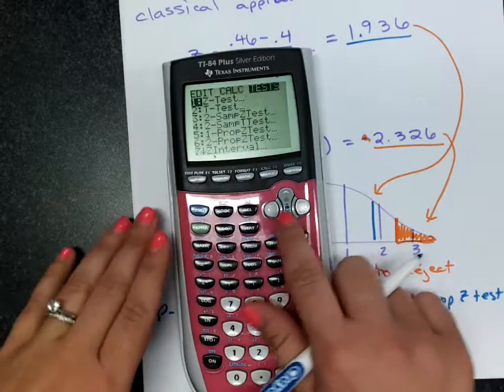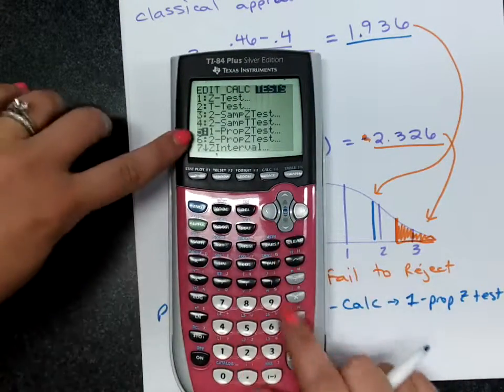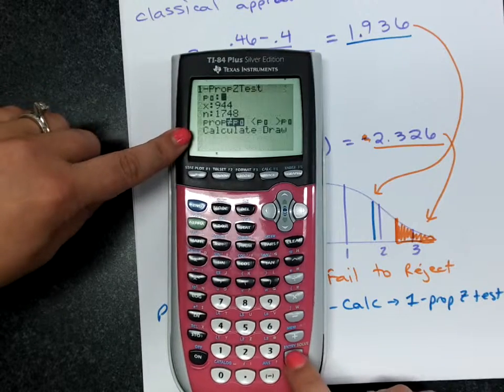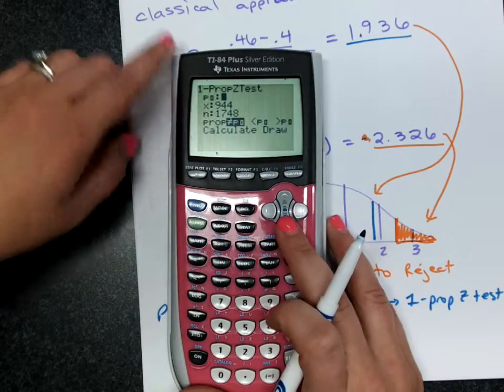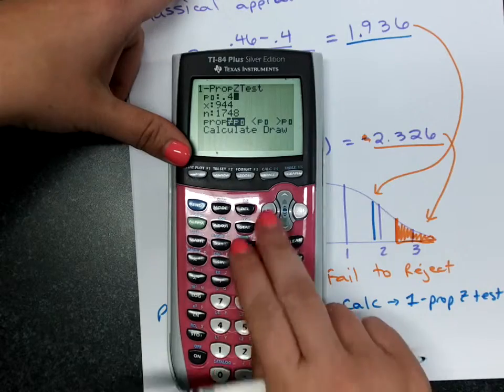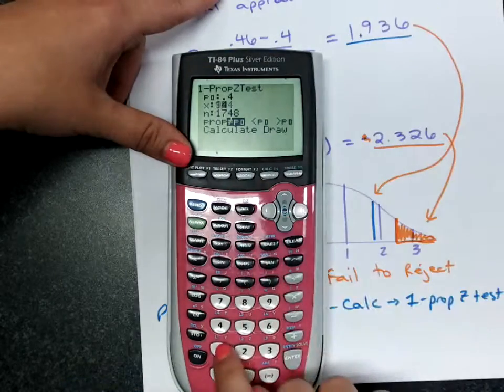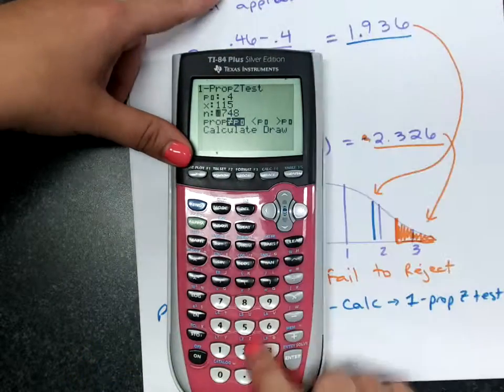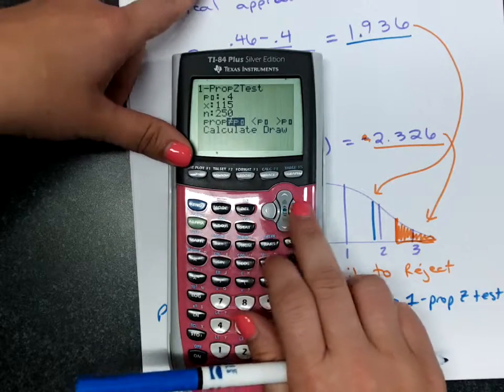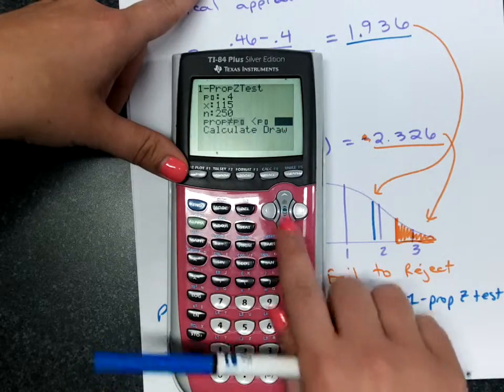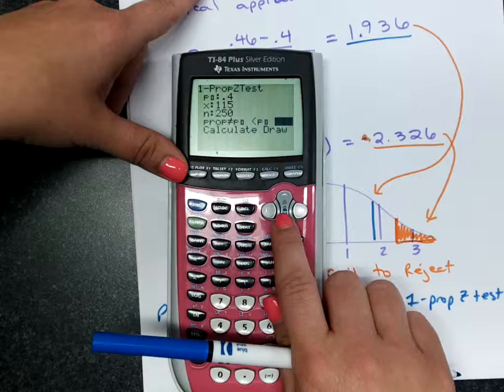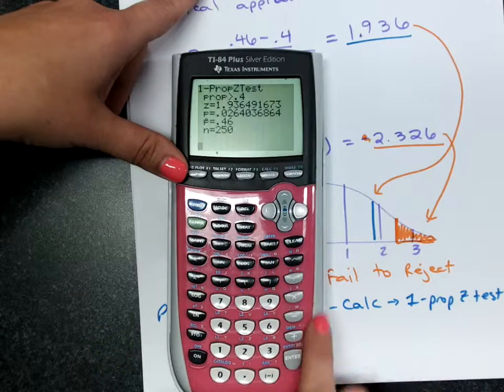But you're going to go to stat tests, 1 prop z test. The p naught is your null, 0.4. Your x is 115. Your n is 250, and we're testing the greater than. So you just put in the requested values and hit calculate.